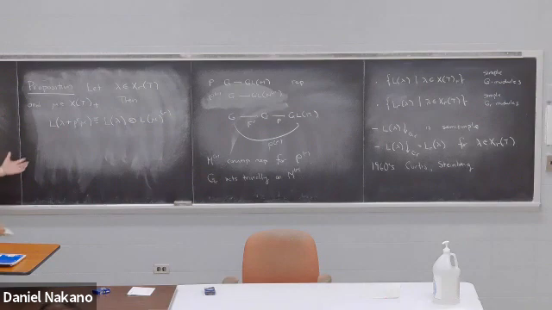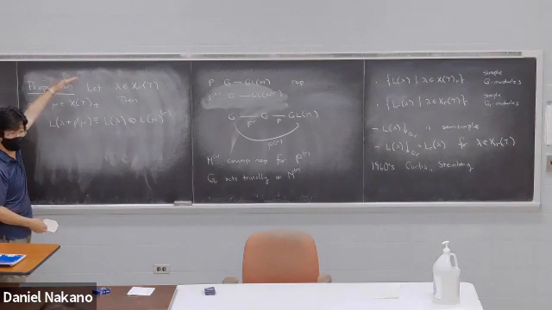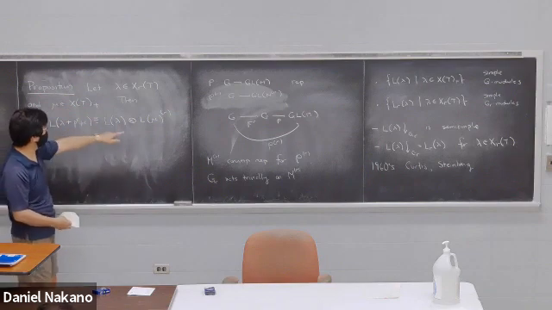So what this is saying is that you can take a weight, which could be pretty high up, and reduce it down to smaller weights, as long as you take twisted tensor products.